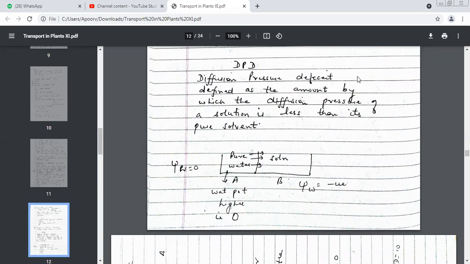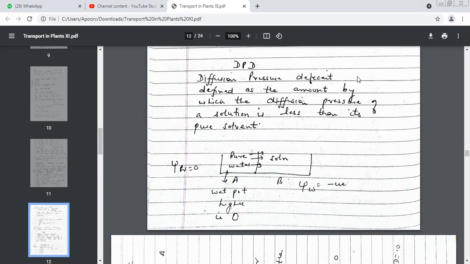Everybody, only one child is answering. Diffusion pressure deficit. Okay, I'll give you 1 minute. Read the definition of DPD. Let me see what bit we understand from this. All of you read the definition. Is it clear on your screens?